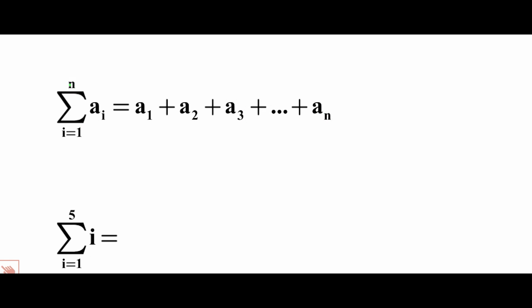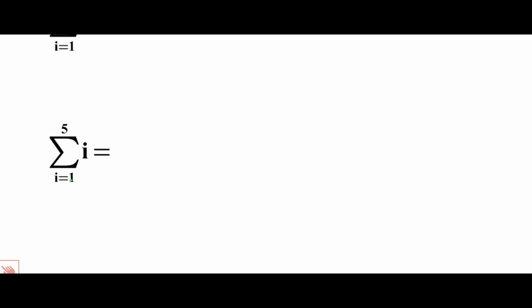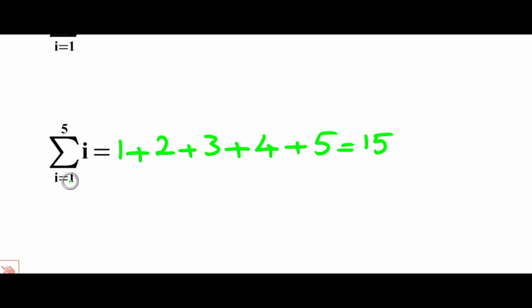For example, the sum of i from i equals 1 to 5: when i equals 1 it is 1, plus when i equals 2 it is 2, when i equals 3 it is 3, plus when i equals 4 we write 4, and when i equals 5 we write 5. So we have 15. The sum of i from i equals 1 to 5 is 15.